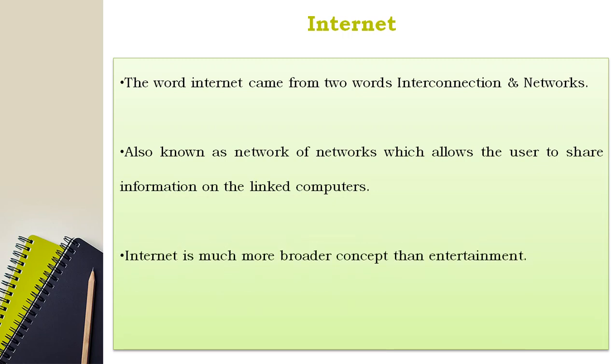Internet is much more broader concept than entertainment. Too much wide information is available on internet. Internet may be boring without graphics. With the help of graphics, we can represent the things easily.